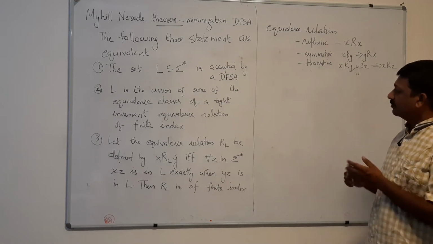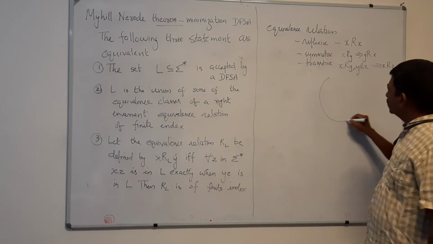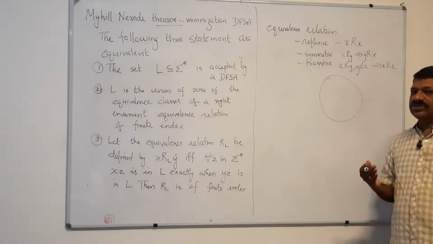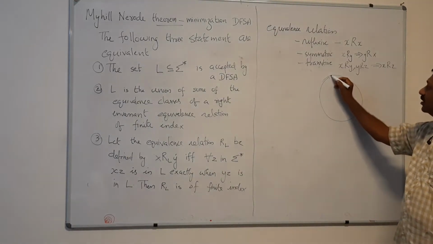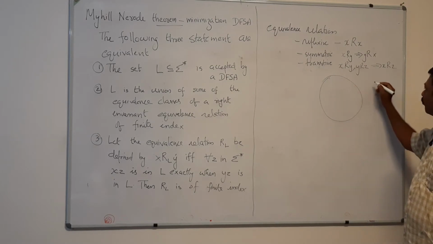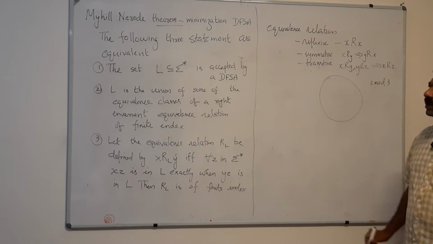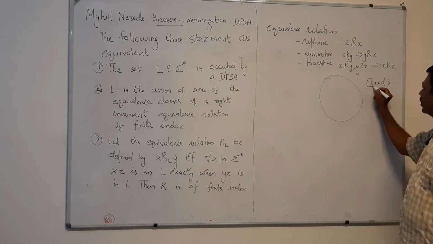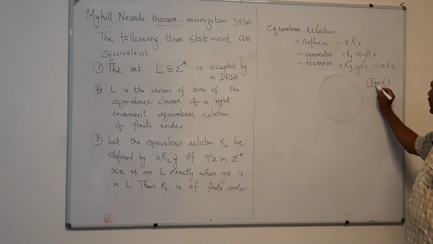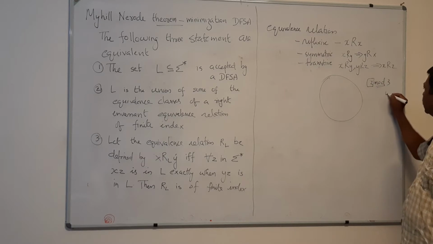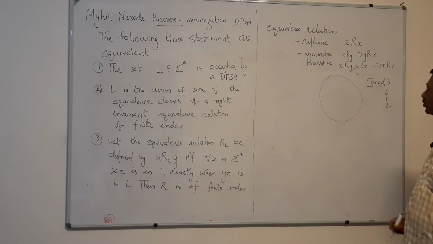Suppose this is the entire set. For example, take x mod 3. Suppose x is an integer, and x modulo 3 means the remainder after division, which is either 0, 1 or 2.